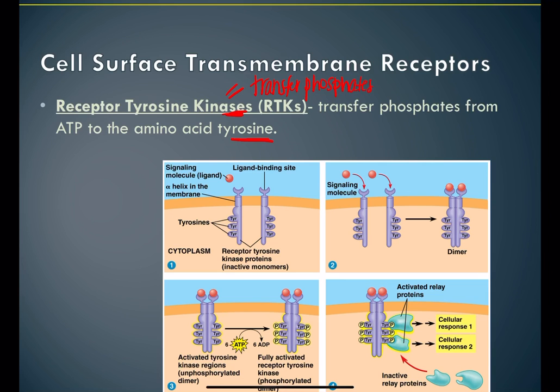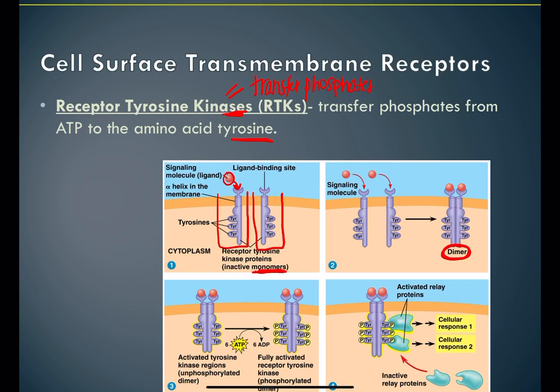So we have our signaling molecule here, which is our ligand, and it's going to bind here in the site. These tyrosine kinases right now are inactivated, and there are 2 separate ones. They are referred to as a monomer. Once they come together in this structure over here, that's referred to as a dimer.